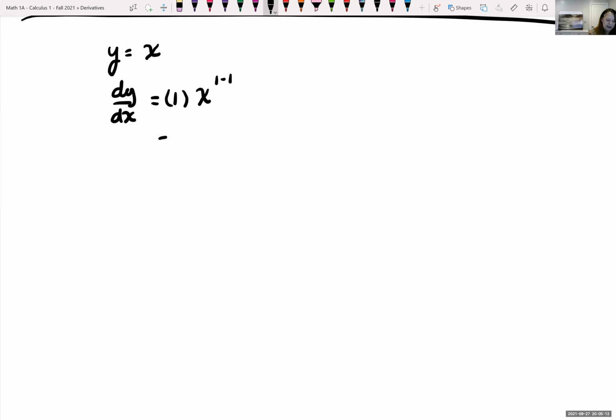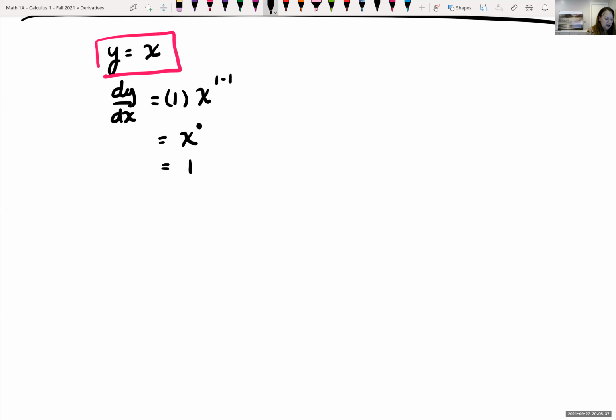And so this is equal to just x to the 0 power, which is 1. So the derivative of x is 1, which if we think about it, should make sense. y equals x, right? This is a line. It's in the form that we can tell what our slope is, and the slope is 1.